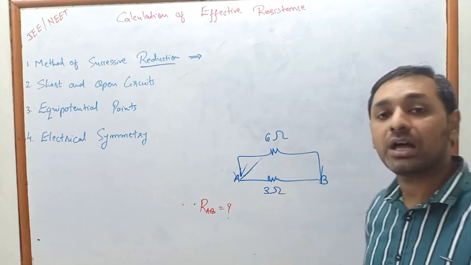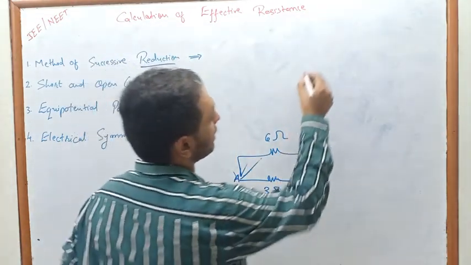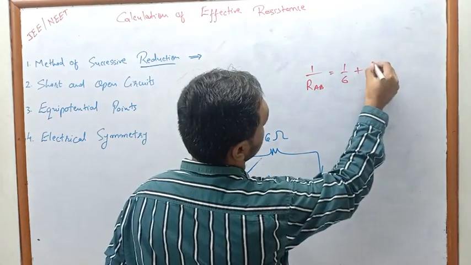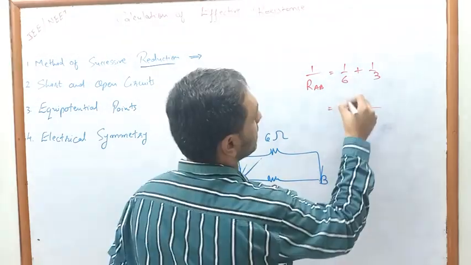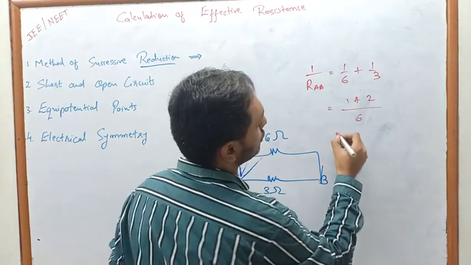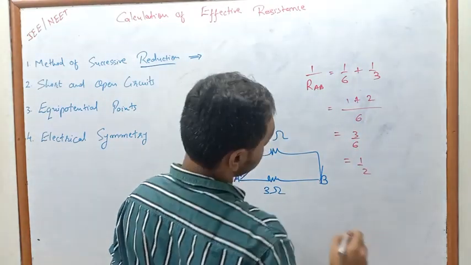Now these two are not of the same value. So what we can do is 1 upon RAB is equal to 1 upon 6 plus 1 upon 3. Take LCM, 6, here 1 and here you have to multiply with 2. So it is 3 by 6 means 1 upon 2.